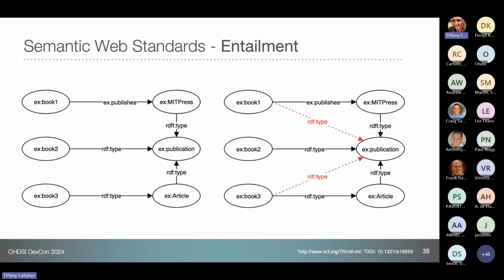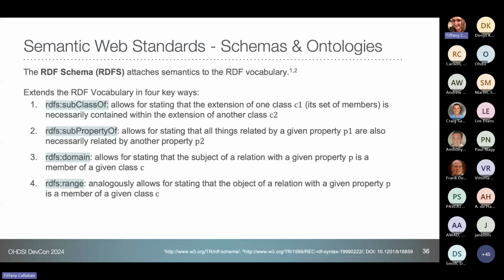So RDFS, just going back to that, builds on RDF vocabulary by attaching semantics to it. It extends it in 4 key ways. It adds RDF subclass of, which allows for stating that the extension of one class and its set of members is necessarily contained within the extension of another. It adds RDF subproperty, similar to subclass of. It allows for stating that all things related by a given property or relation are necessarily related by another property.